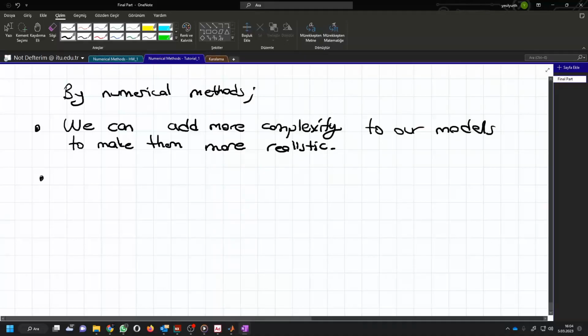And we can make those models' solutions basically possible.